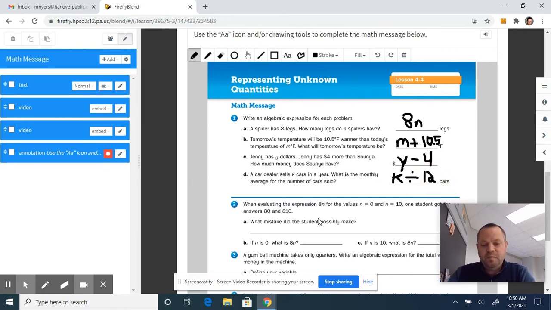Again, we do not have enough information, so all we can do is set up an expression that would help us solve them when we have all the information. For example, if they sold 120 cars in 1 year, I'd put that in for K, and 120 divided by 12 would give me 10 cars per month.